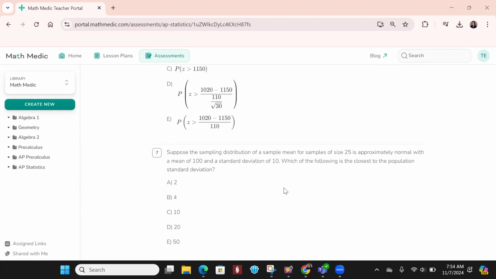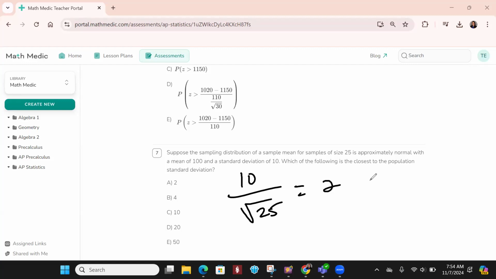Okay, so what is your standard deviation? 10. And then we're dividing it by what? Square root of 25. That should be 5. Why would that say 50? Which of the following is the closest to the population standard deviation?